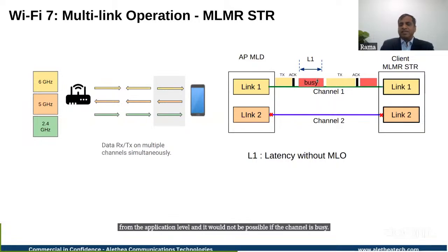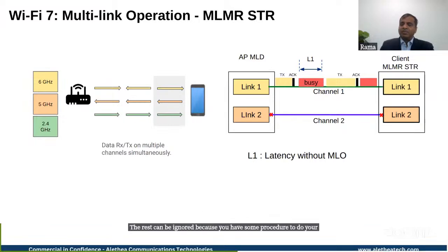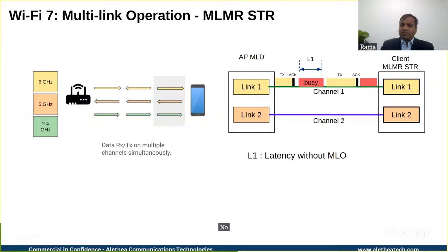And hence the latency here involves the busy time of the channel. The rest can be ignored because you have some procedure to do, you need some time to do channel assessment and so on. Now, take the case of the multi-link scenario.